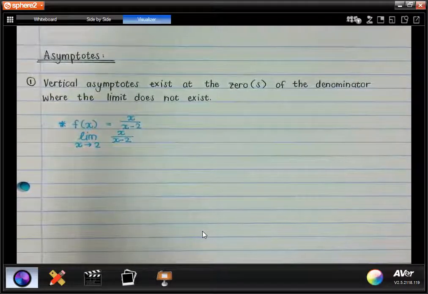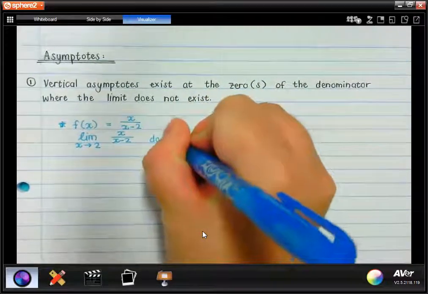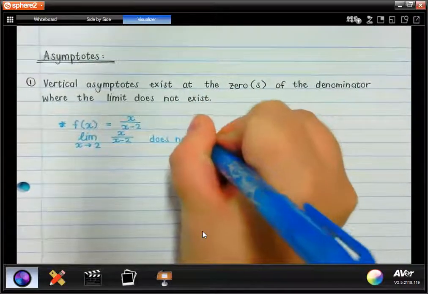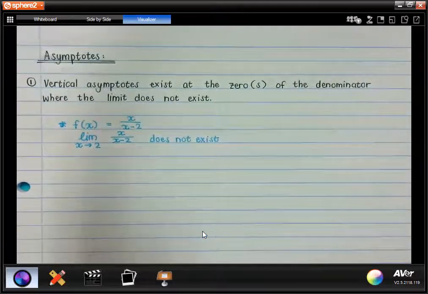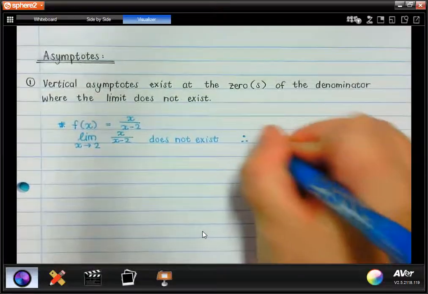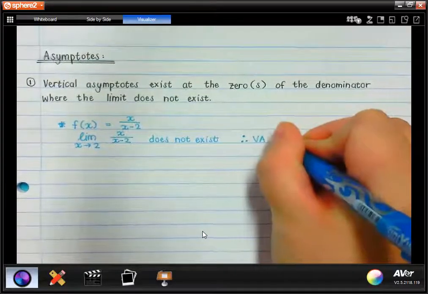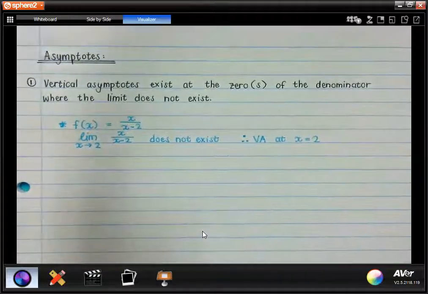No, I can't factorize there, nothing. So here, this limit does not exist. So it is the 0 of the denominator and the limit does not exist at that value. Therefore, we are going to have a vertical asymptote at x equals 2.